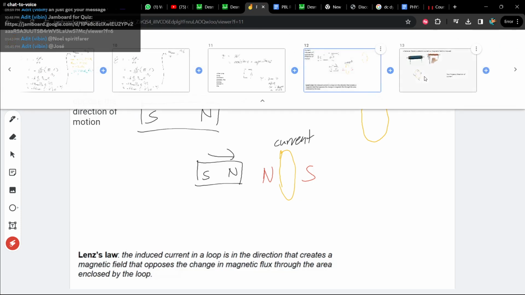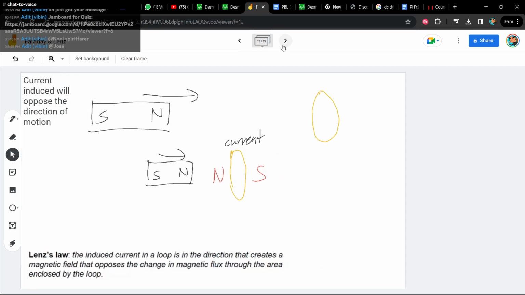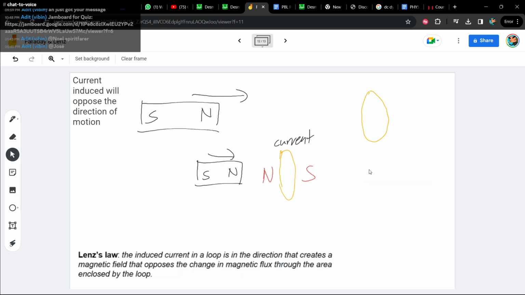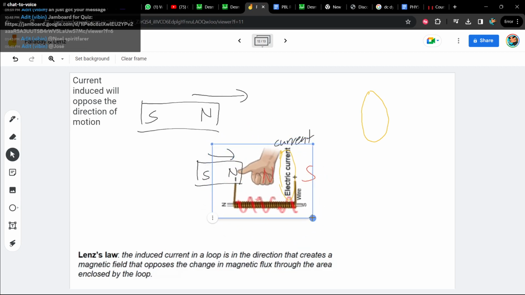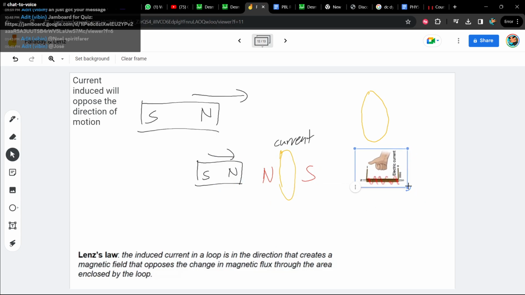So take that thumb again, like what we saw just now. Oh, I can't flip images actually. Well, I mean, I can do this. I guess that works. But yeah, you will get an anti-clockwise coil.